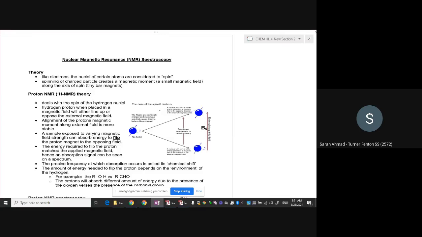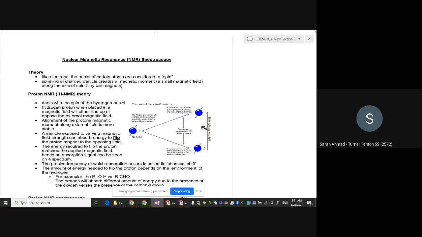And then similarly, the nuclei of atoms spin as well. And that spin then generates its own teeny tiny little magnetic field. And so the idea is, when this magnetic field is spinning in one direction, if I want to flip that spin, so if it's spinning clockwise, in order for me to flip it into the counterclockwise direction, how much energy would be absorbed?